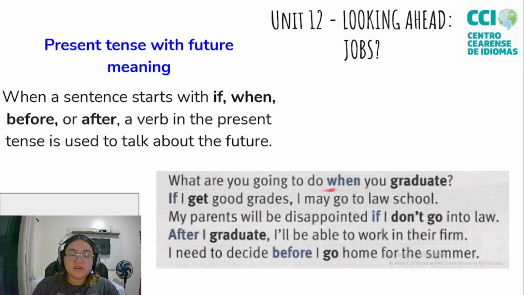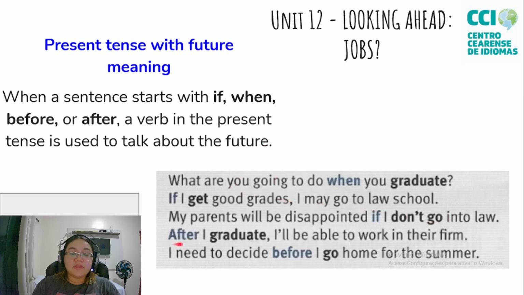But because there is the time clause, the verb is in the present. Here, my parents will be disappointed. They will be disappointed in the future, right? If I don't go into law. We don't say my parents will be disappointed if I won't go into law. You don't say if I will not go into law, right? You say in the present, if I don't go into law.